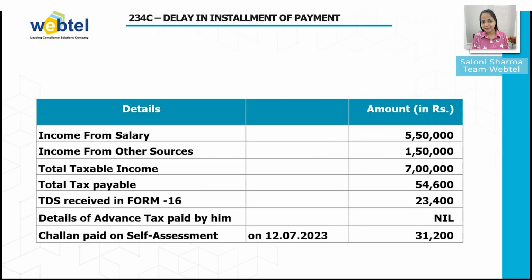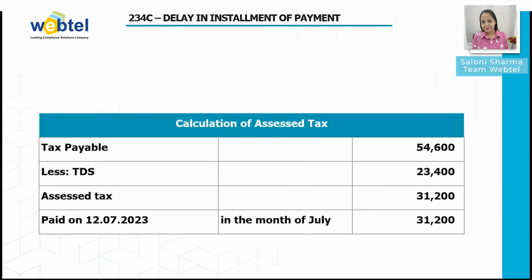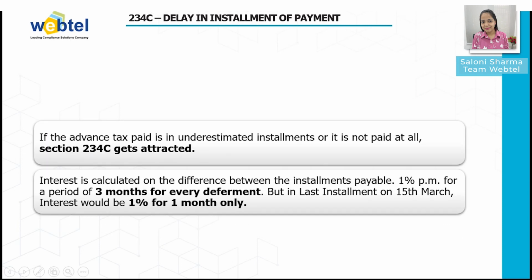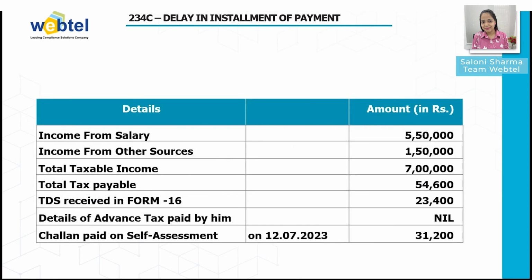Now let's take an example for the same. So this is our example and how we need to pay the installments of our advance taxes so as to avoid the 234C interest. So for better understanding, let's take an example for the calculation of 234C.